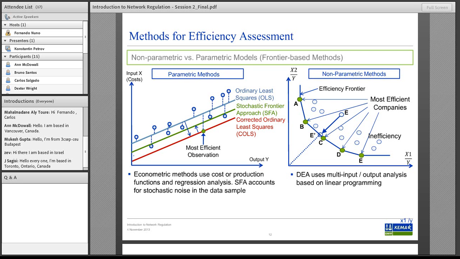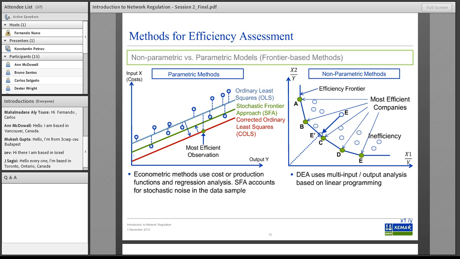So it means it's the line which in the best way approximates the population of points. What this means is that the sum of the squared differences between the plotted points and the line is minimized. And you can see that this line, the blue line, is per definition the average performance, because you can see also points on both sides of the line, on the south and north side of the line. So we have some companies which are better performing, which are on the north side, and some companies which are on the south side.